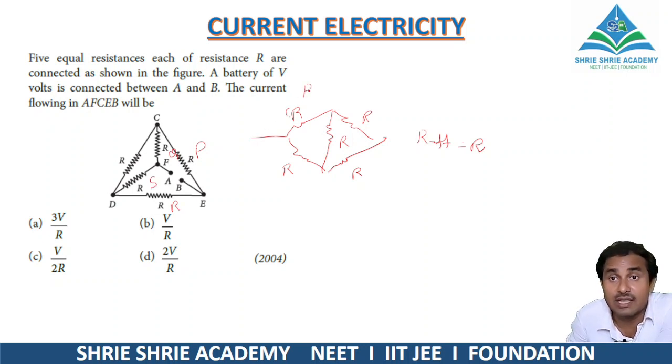All are equal, so the effective resistance is equal to R in this condition.